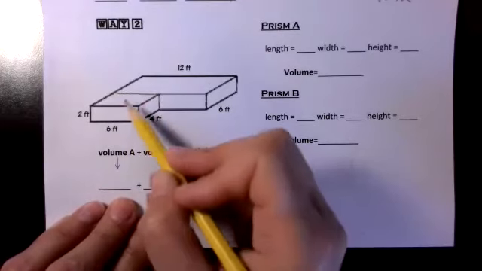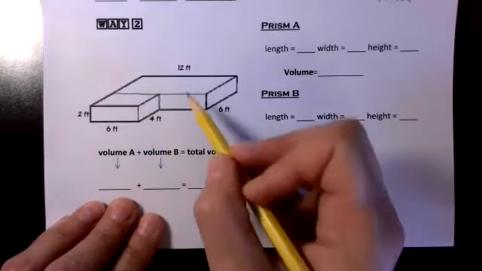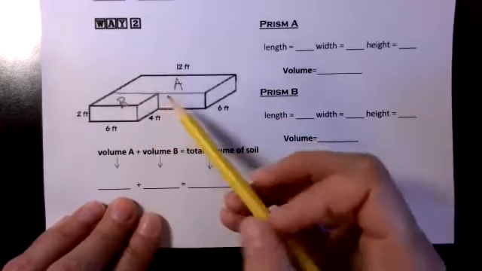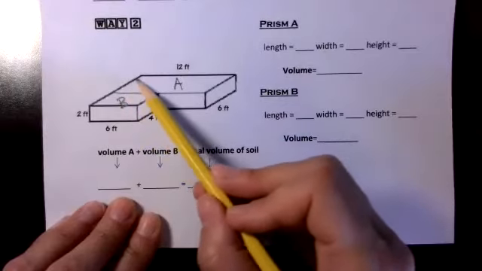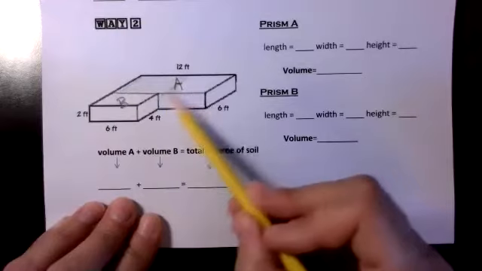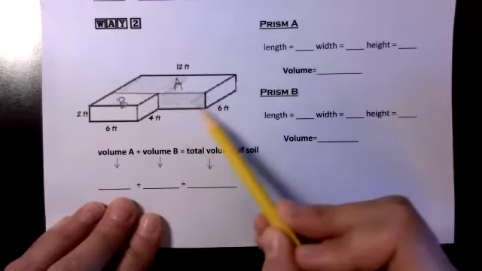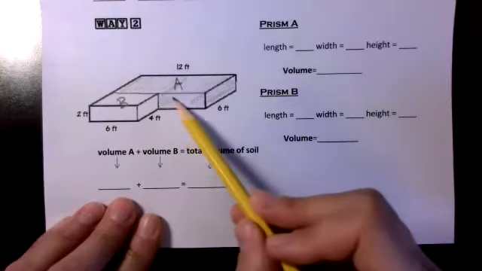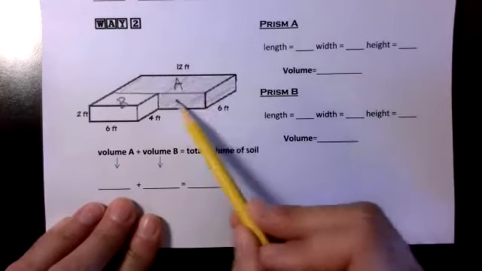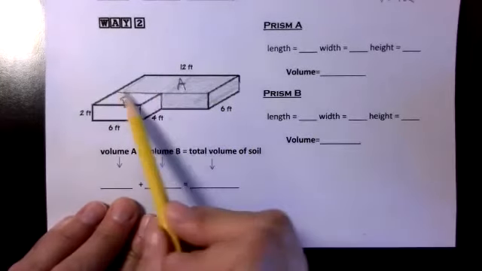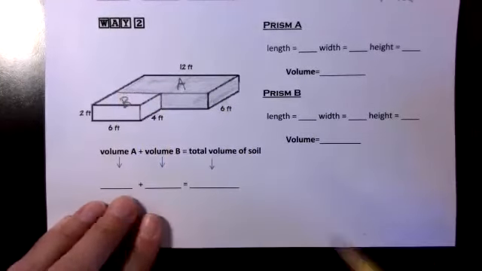So now I can see I have 2 prisms, and we're going to label them A and B. Doesn't matter which one. I really want you to see where our 2 prisms start and stop. Since it's 3-dimensional and it's hard to see with all of these faces on paper, you can see one of our prisms stands out compared to B.